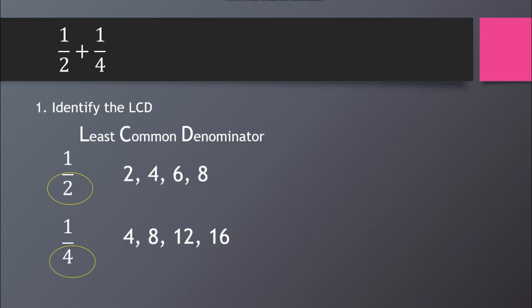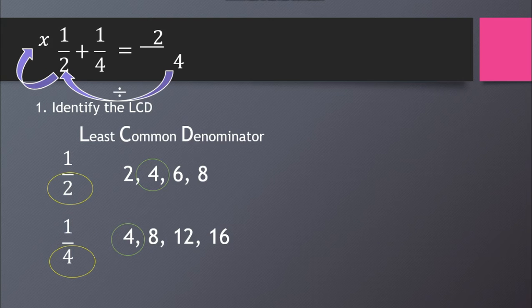We need to select the common number which has the lowest value, which is 4. Okay, that is correct. Now our LCD is 4. Now 4 divided by 2. Okay, that is correct. 2. Okay, 2 times 1 is 2.